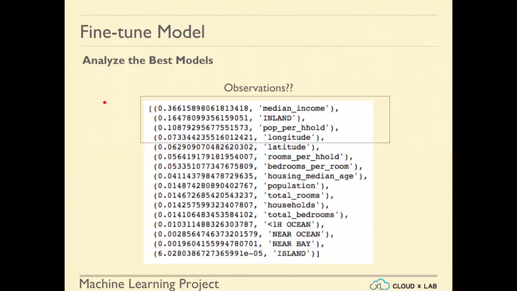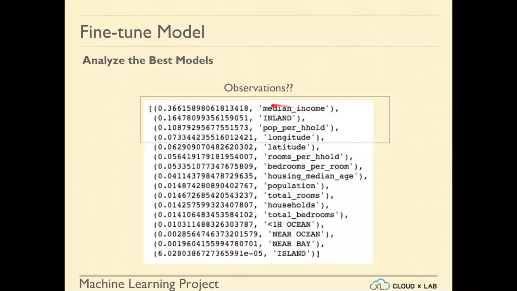All right, let me go through a few more questions. Here we are saying that house pricing is dependent on median income, then the category, then population per household. Yes. The most important feature is the median income.